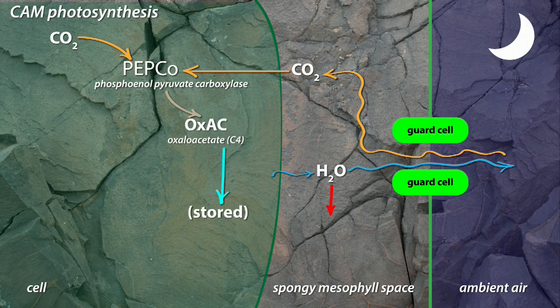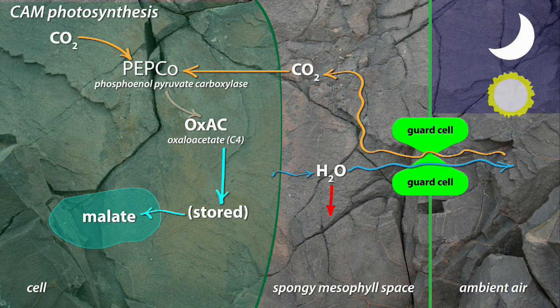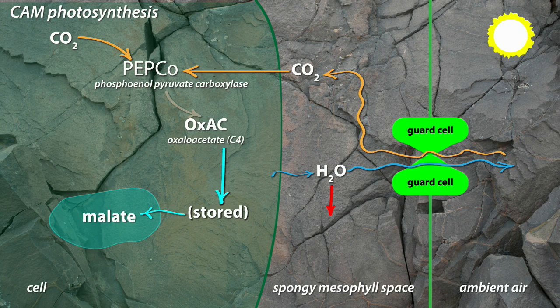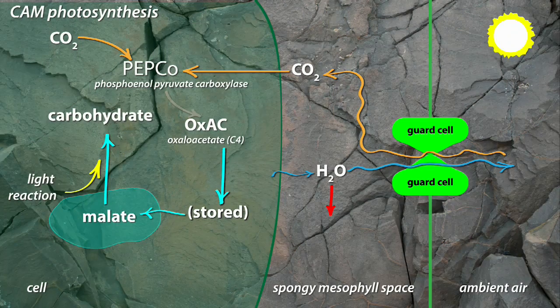Rather than leaving the carbon stored as oxaloacetate, vacuoles within the cell convert oxaloacetate to another 4-carbon storage compound, malate. Later, when the sun rises, the stomata close, conserving water. Energy from the light reaction then converts the stored malate directly to carbohydrate, bypassing Rubisco. Again, fixation of carbon in sugars is effectively decoupled from evaporative water loss.